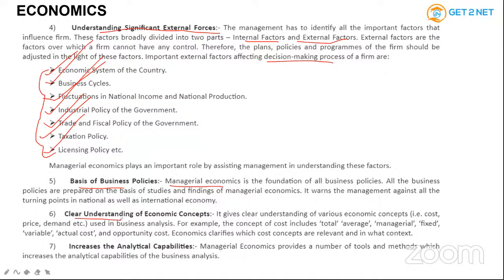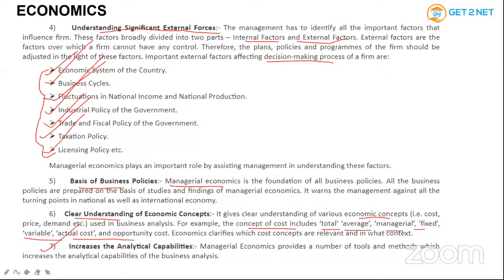Managerial economics gives us a clear understanding of concepts like cost, price, and demand. For example, the concept of cost includes total cost, average cost, managerial cost, fixed cost, variable cost, actual cost, and opportunity cost. So all the parameters of cost are covered. It is just an example, and all economic concepts are clearly understood in managerial economics.